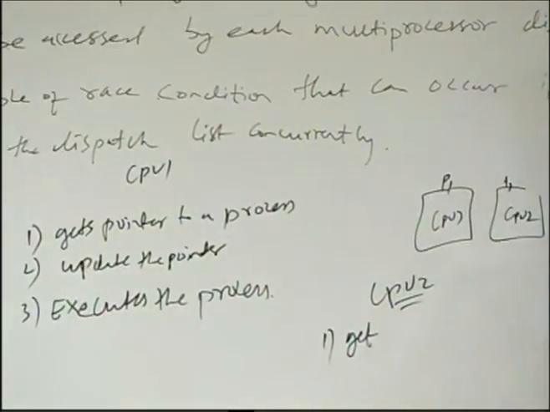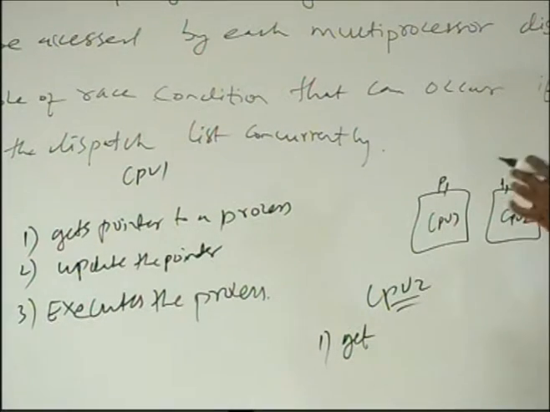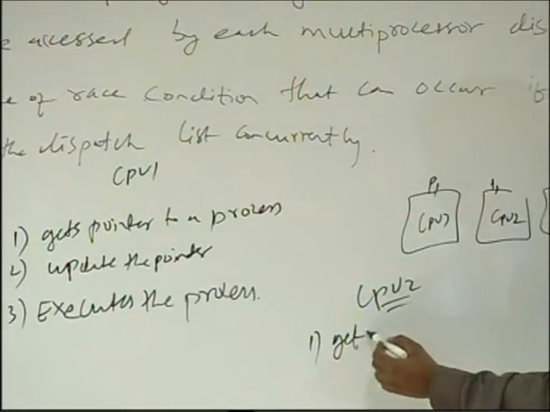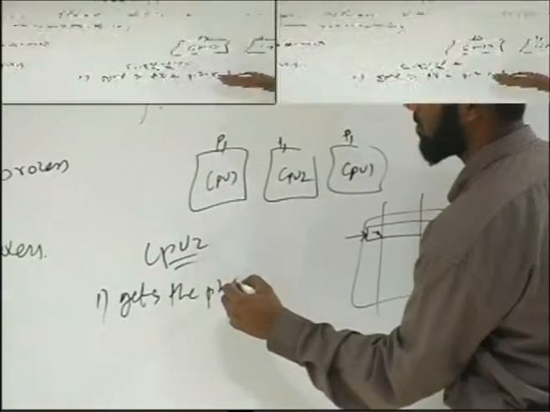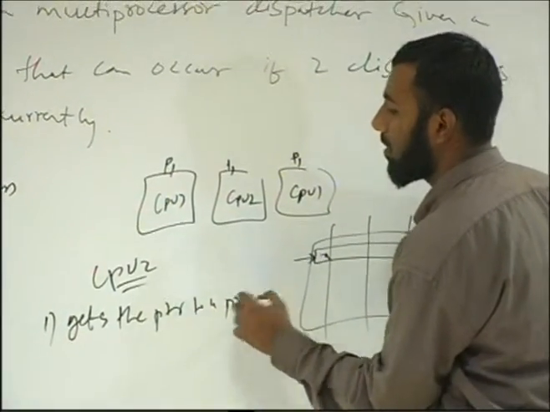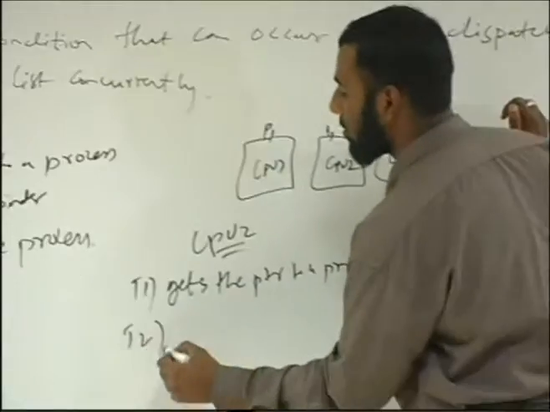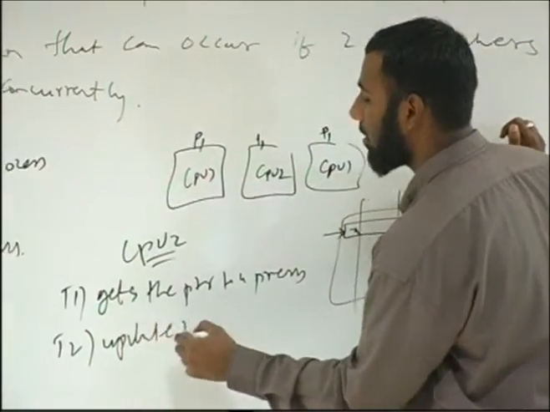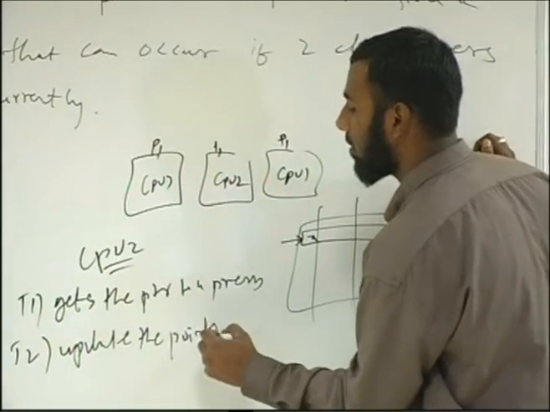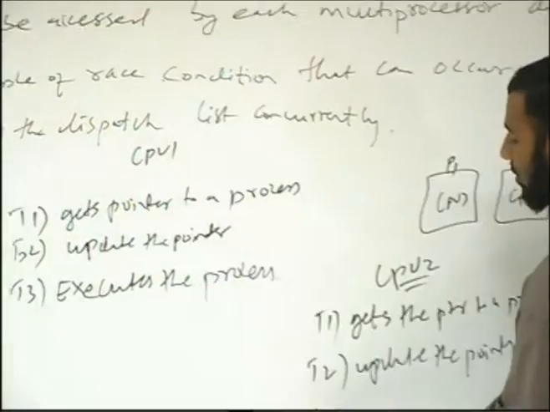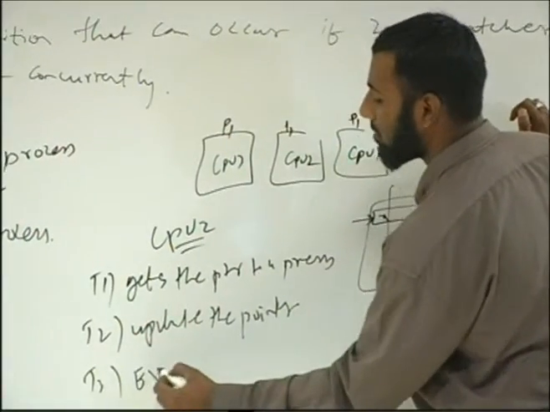Because there are multiple processors, both of these processors will see and get the pointer to a process. This is time t1, this is also time t1. Then at time t2 both of them update the pointer. And at t3, both of them are executing the same process.